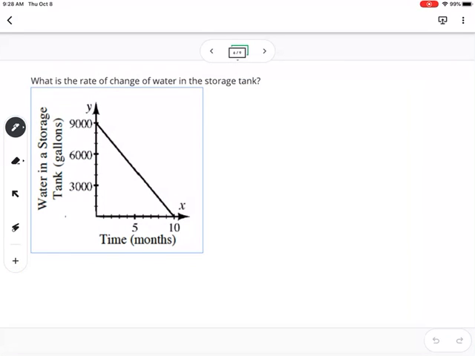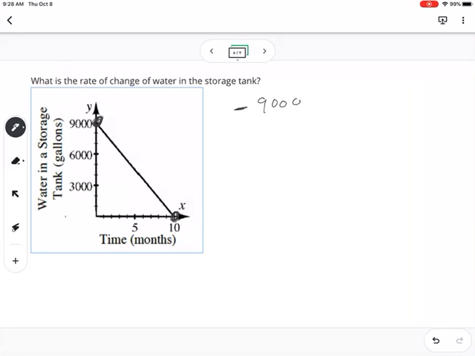Okay, this one is just reminding you that the rate of change is the slope, but sometimes there's context to it. So in this case, we have a water storage tank and it's going down. Maybe there's a leak, maybe they're using water and not filling it. But in either case, you just need to be able to read this. So between this point and this point, it goes down.